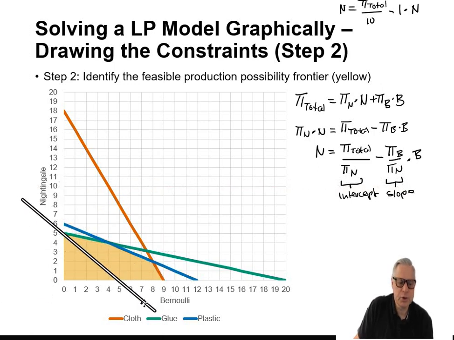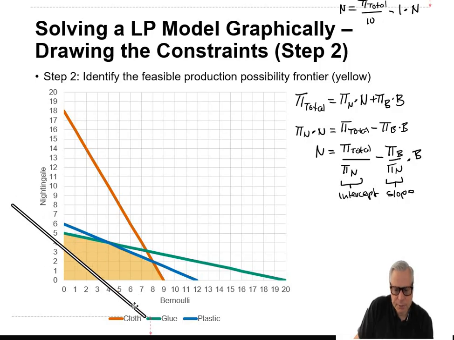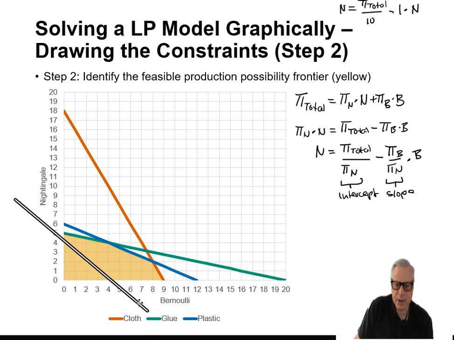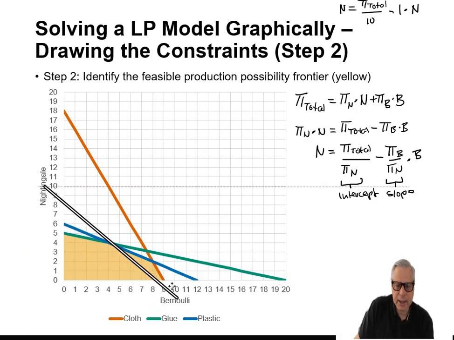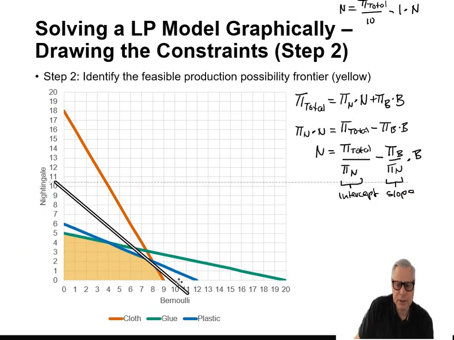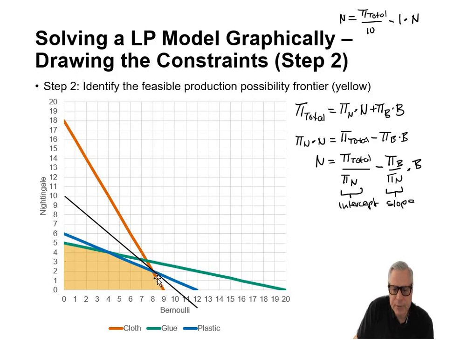So what we do in step 4 is we take this arbitrary ISO profit line and we shift it as far out as we can so that we still touch the area of feasible production. And you see, if you do that, you get to the point where you see that the profit maximizing combination is 8 Bernoullis and 2 Nightingales.